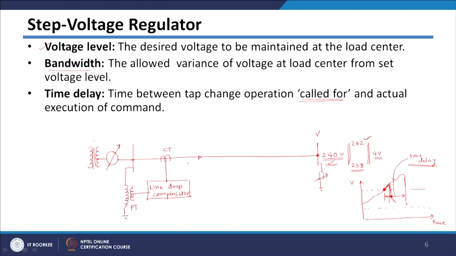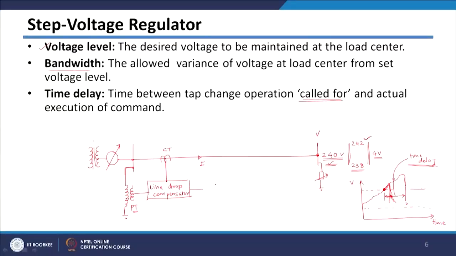The signal corresponding to load current is taken by the CT, and the voltage at the regulator other end is taken by the PT. This line drop compensator will decide whether voltage needs to be increased or decreased, and then it is given to the voltage relay. This voltage relay will be given a time delay, because, as I told you, the time delay is required to avoid frequent operations or chattering of the regulator.